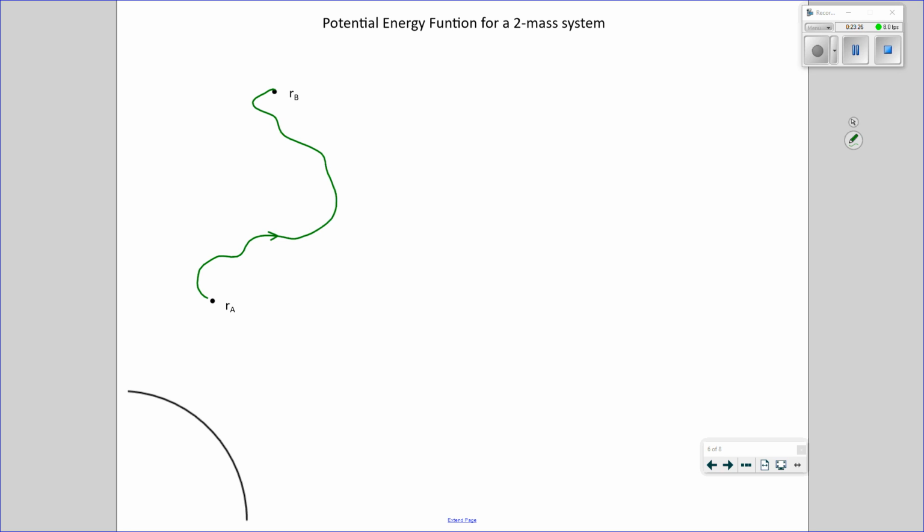And we want to derive the potential energy function UG as a function of R, R meaning the radial direction away from the center of Earth, let's call it, or planet. So how do we do that? Well, we're going to use our definitional statement that says there's work done by the conservative force that's equal to the decrease in system potential energy.